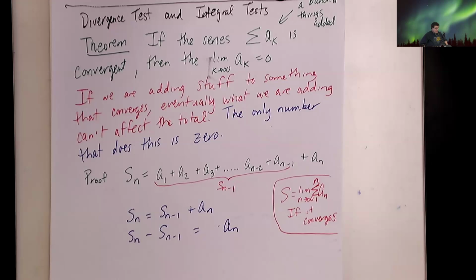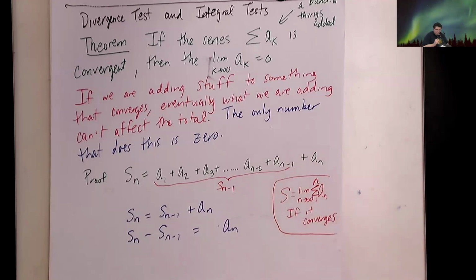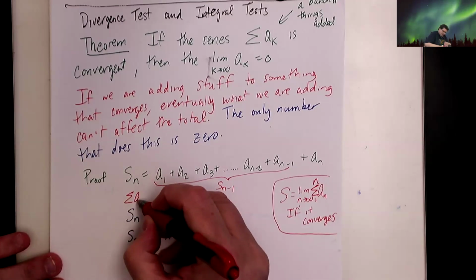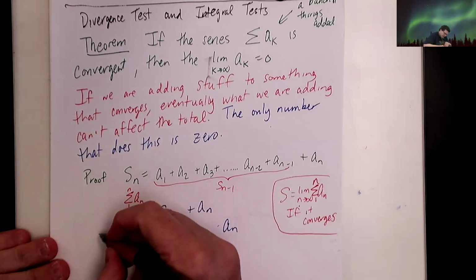That means that S_n equals S. What means S equals something? Yeah, S_n equals something, or is it? No, it's the sum, because n's going to infinity. If I didn't have the limit as n goes to infinity, it's just S_n. Like this is the sum of a sub n from 1 to n. We haven't done the limit part. I'm about to do that right now. So let's do the limit here.